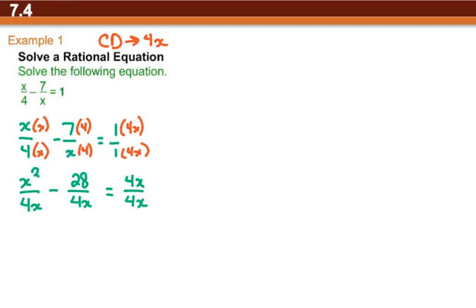This is the point where we're going to deviate from the methods of adding and subtracting. Because we have an equation, we can multiply each and every term by the denominator. And the purpose of this is to cancel the denominators.